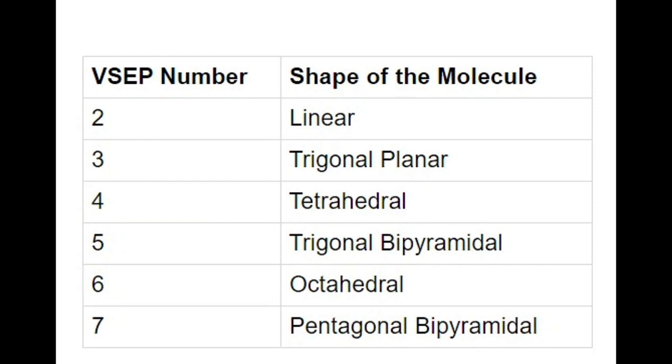If the total is 3, then it is trigonal planar. If the total is 4, then it will be tetrahedral. I am talking about the regular geometry. If 5, it is trigonal bipyramidal, if 6, it is octahedral, and if 7, it is pentagonal bipyramidal.